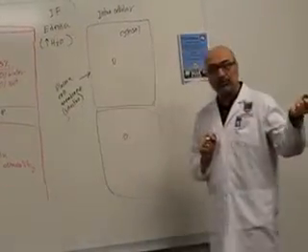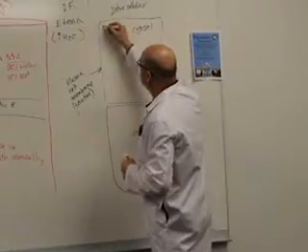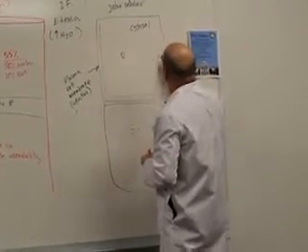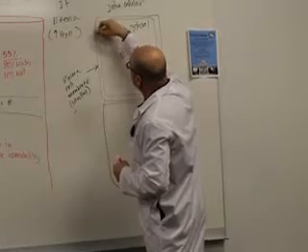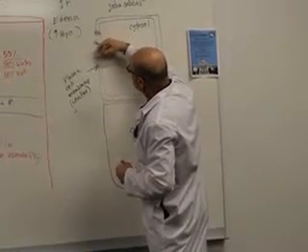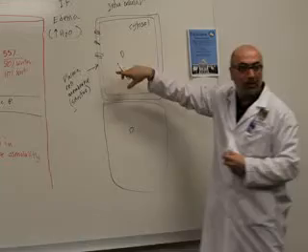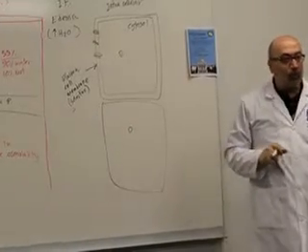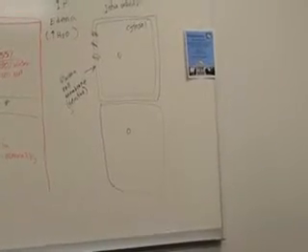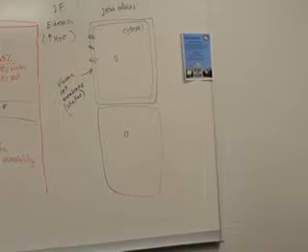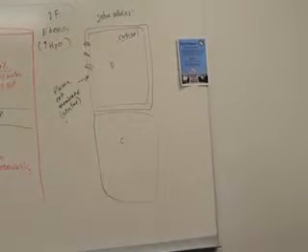So what it means is that it's a bilayer membrane in our cells. It's got all sorts of channels to regulate what goes into the cell and what comes out of the cell. So it's very selective.